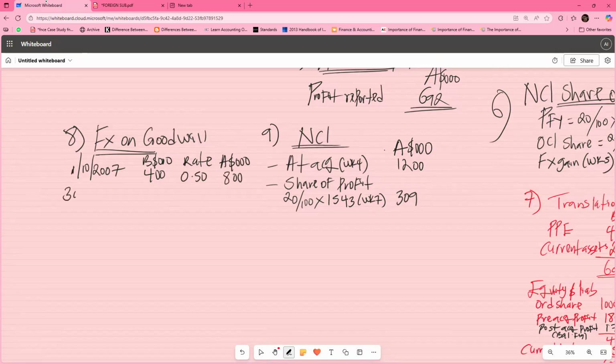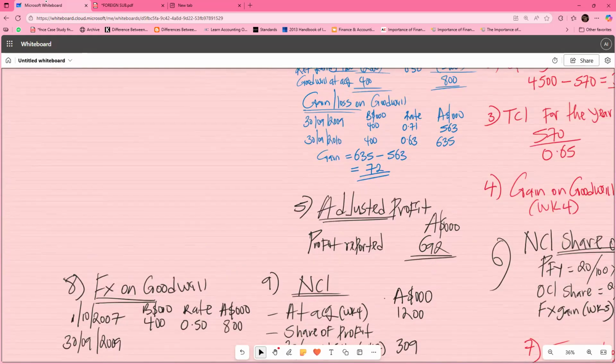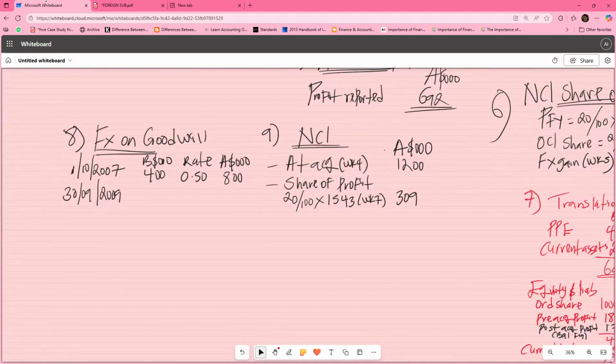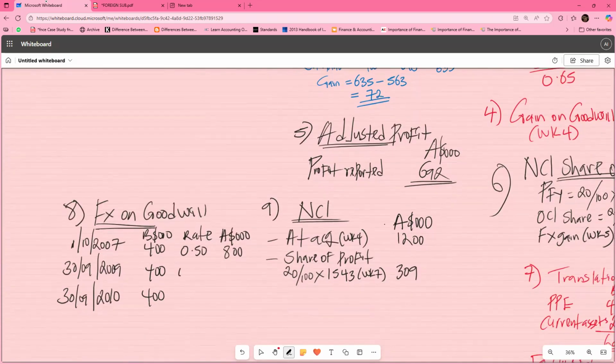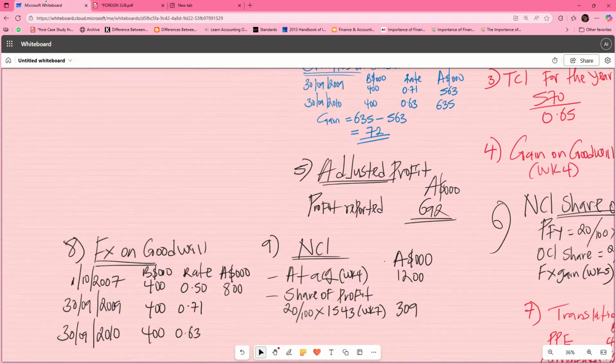As at 30th of September 2009, you can just copy what you have before. This is 0.71, and this is still 400. As at 30th of September 2010, this is still 400, and the rate is 0.71, which gives 563. So this one is 563.